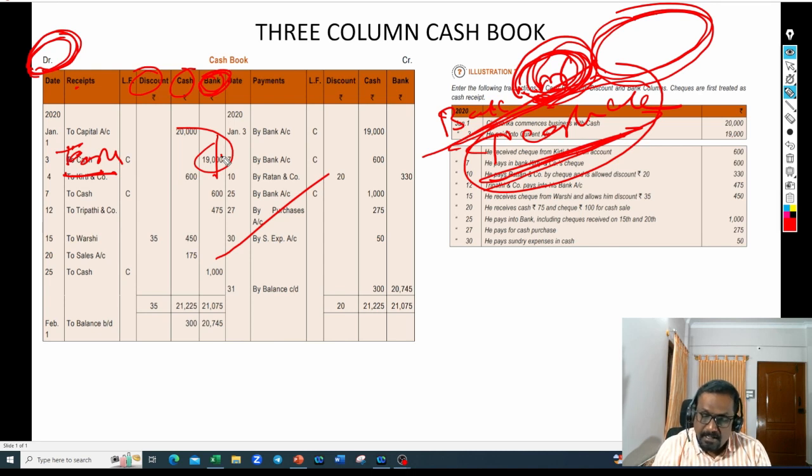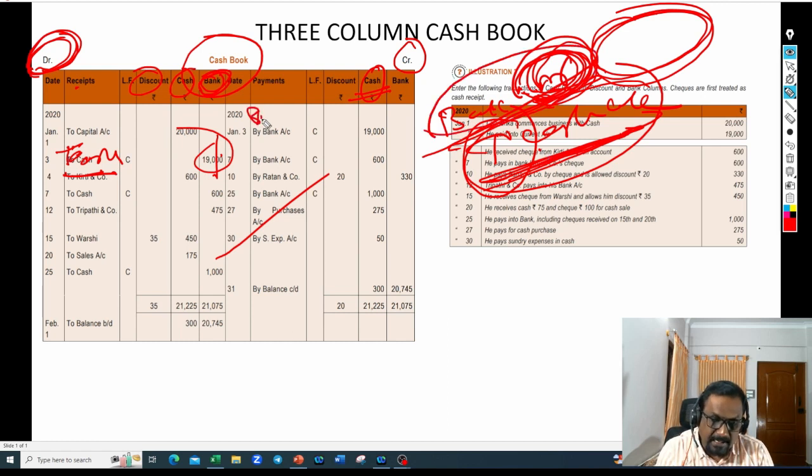Let me tell you, here cash account is credited. So cash account is also in this cash book, on the credit side. So this transaction I have to write on the credit side of the cash book. What am I supposed to write on the credit side? By bank.